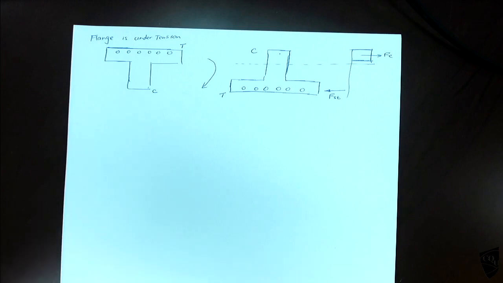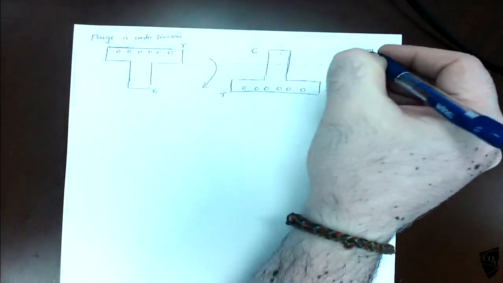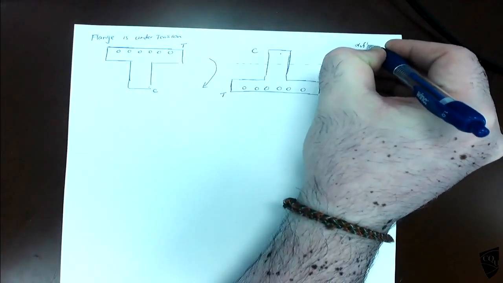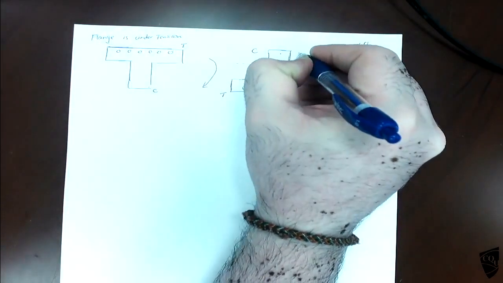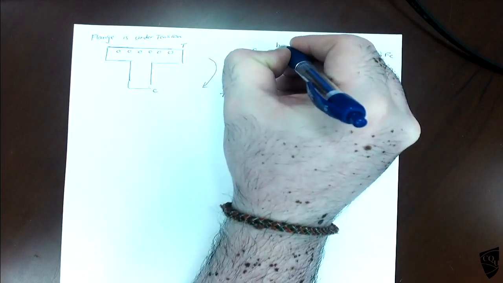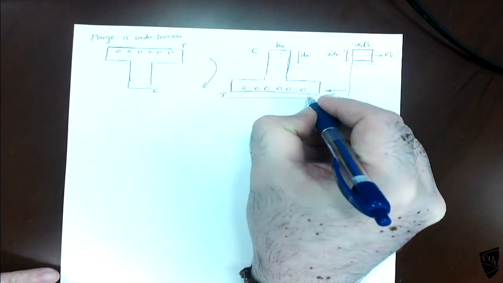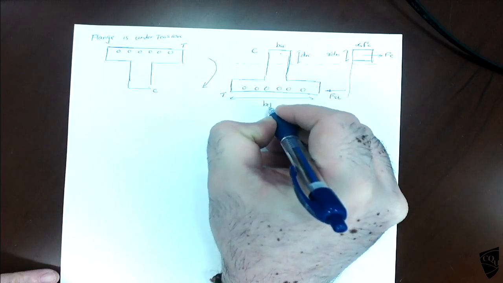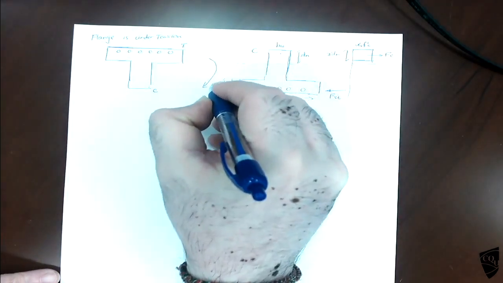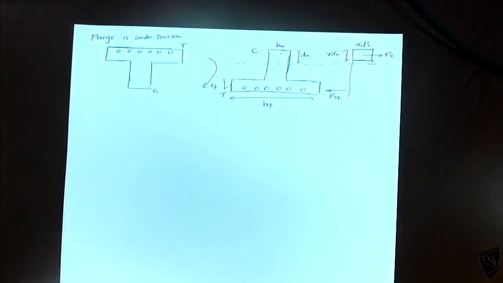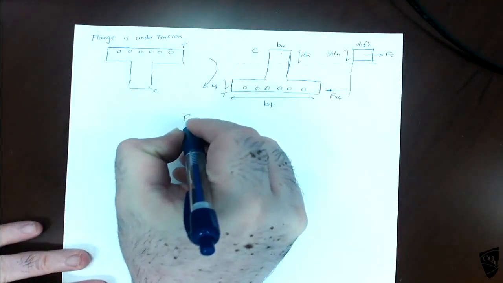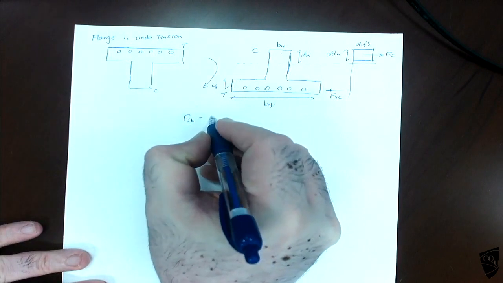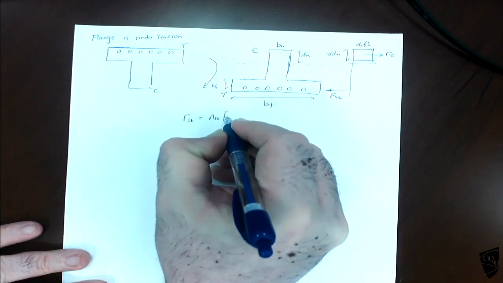So what will happen when you look at this one? This is alpha 2 f'c, and this is gamma dn, because this is dn, this is bw, this is b effective. When you work out this one, Fst is equal to Ast fsy, no change.